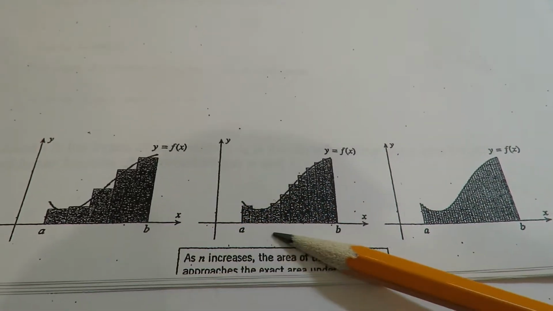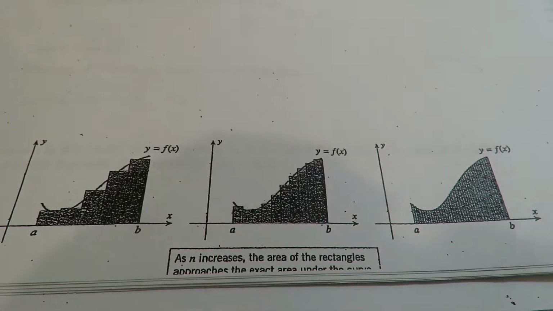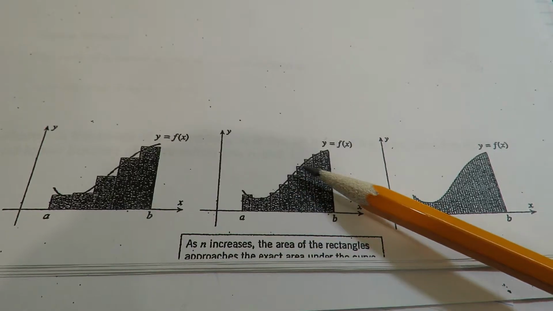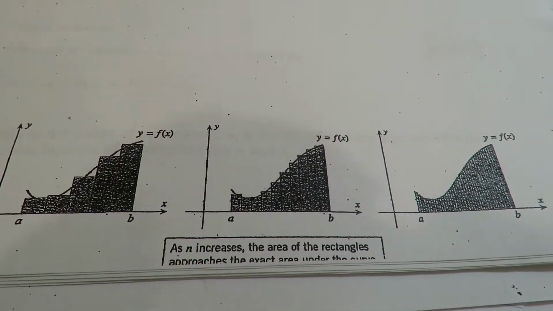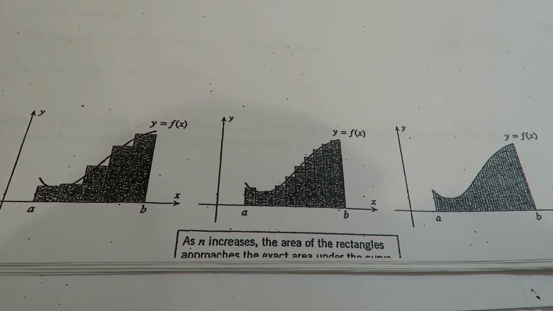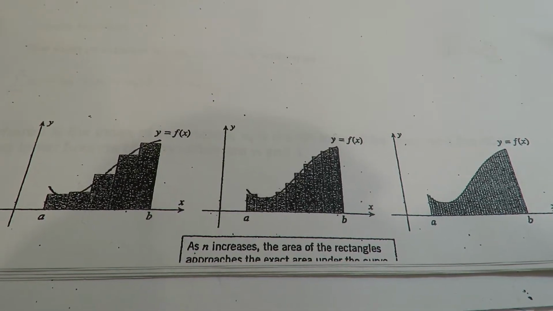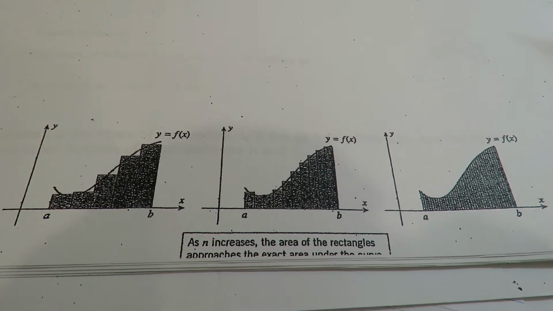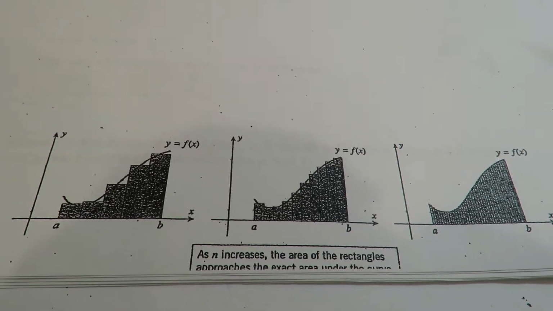Now, it's the same curve. It's the same procedure, which is using the midpoint to form the height of the rectangle. The only difference between these three is the number of rectangles they're using. So, in your opinion, which one do you think is going to give the best estimate of the area?